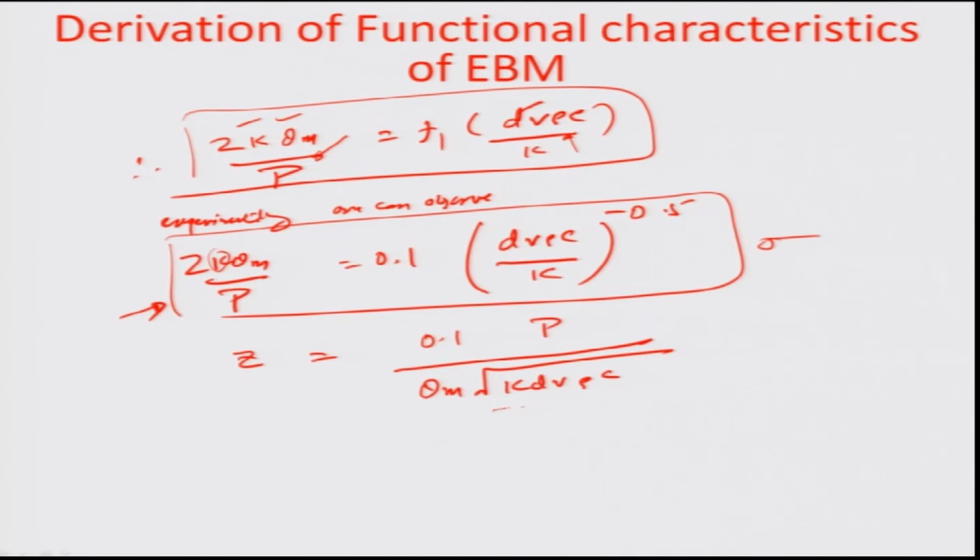So, this root of k d v rho c comes through that method, and so Z is inversely proportional to the melting temperature, which is a very good to-go assumption. Obviously, if the melting point is higher, the depth of penetration of the beam would be lower, and so is the power. If the power is higher, the depth of penetration Z is again higher.